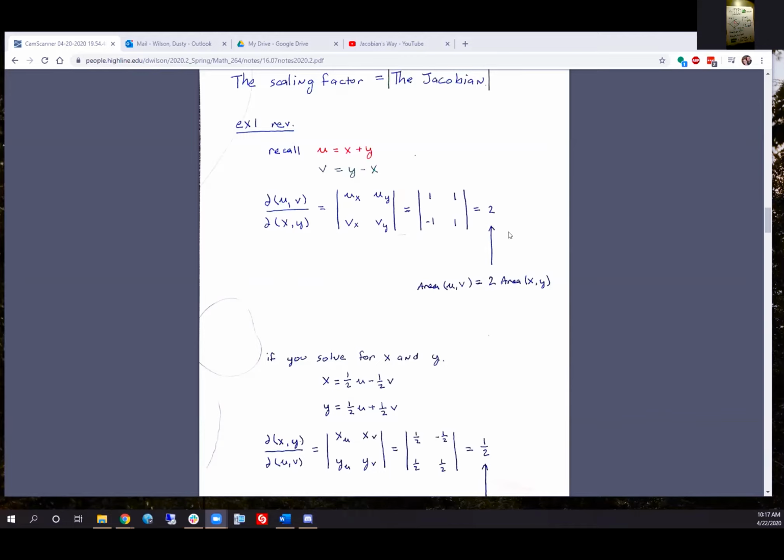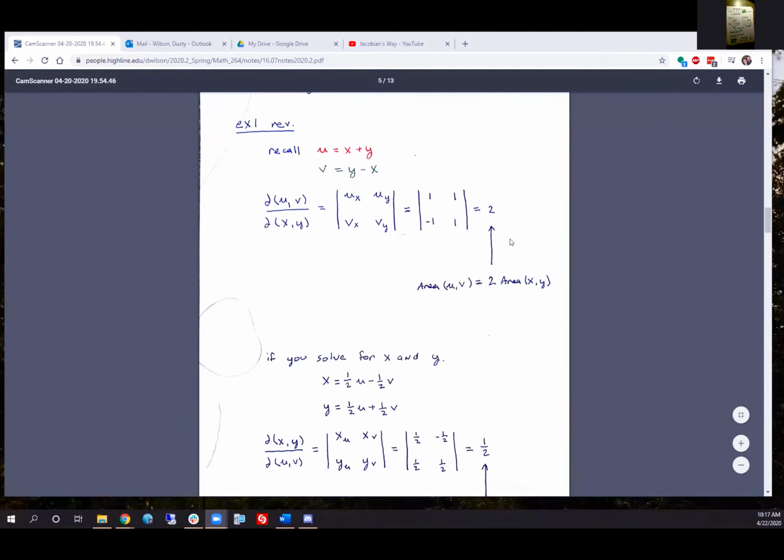So in the questions that we're going to talk about in class today, if your equations are solved for uv, you can just find your Jacobian of uv with respect to xy, and then if you need the other one, just look at the reciprocal of what you're given. If you prefer, you could do a whole bunch of algebra, probably substitution or elimination, in order to solve for x and y. Does that answer your question, Joseph? Yeah, that helps. Very good.